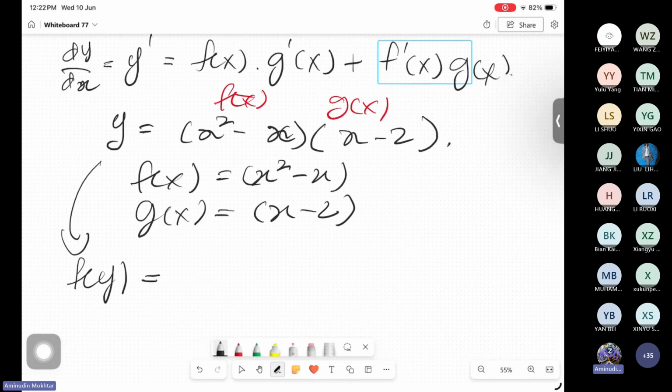Based on this rule, the first one we just write again fx, which is x squared minus x, and then take the first derivative of gx. Gx is x minus 2.